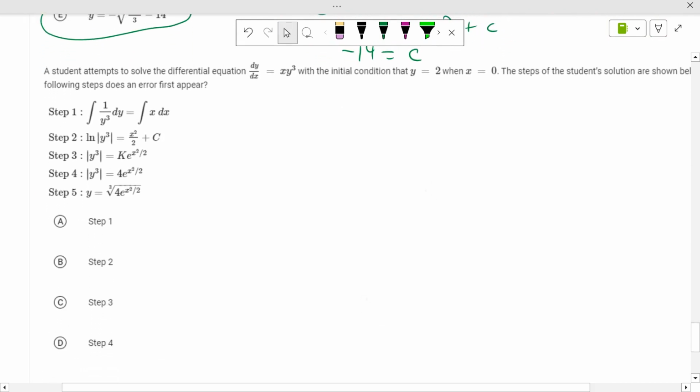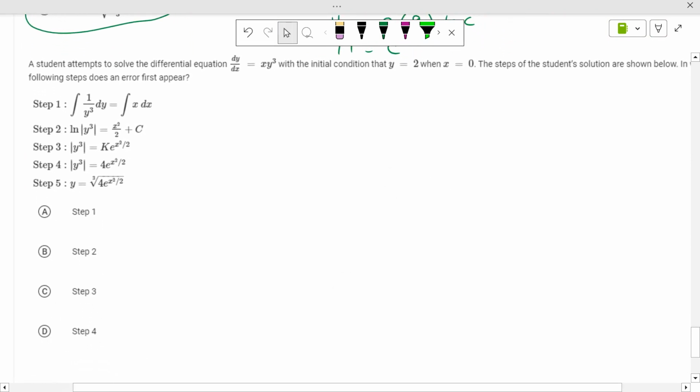Student attempts to solve this function. Where did they go wrong? Steps 1, 2, 3, or 4. Step 1, they separated the variables. Did they separate the variables properly? Yep, I think so. Step 2, they integrated. Did they integrate properly? Why not? What did they do wrong? y has a power of 3, right?